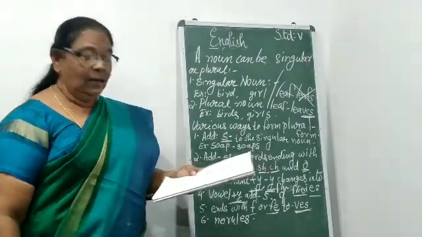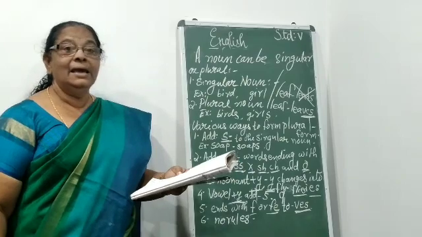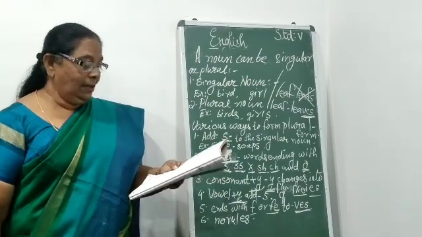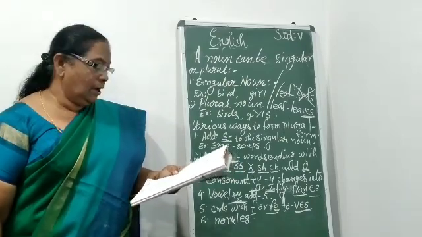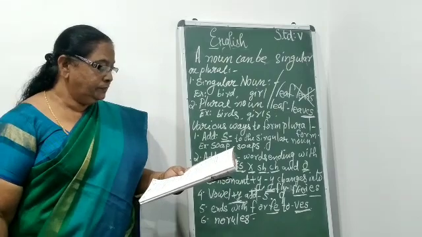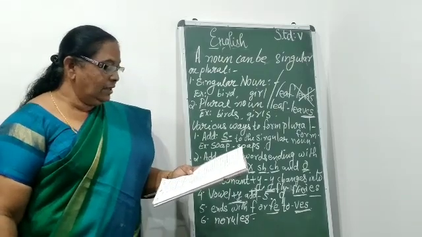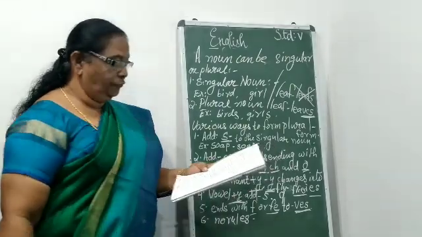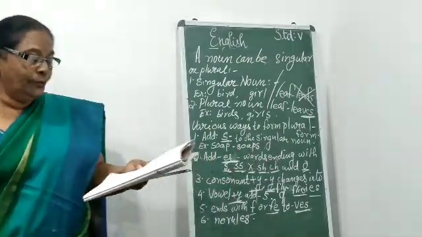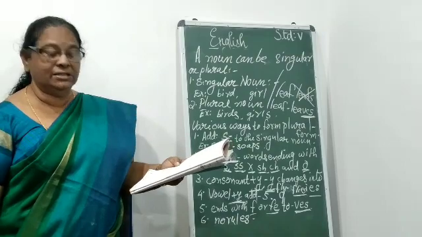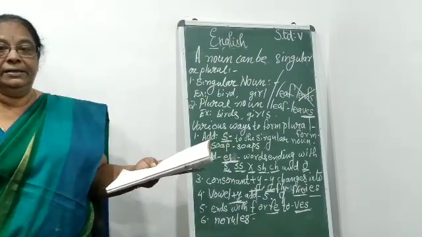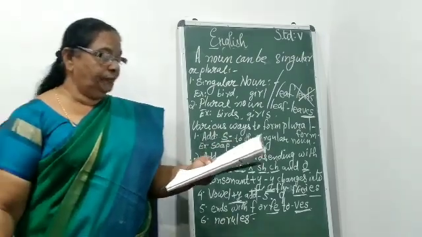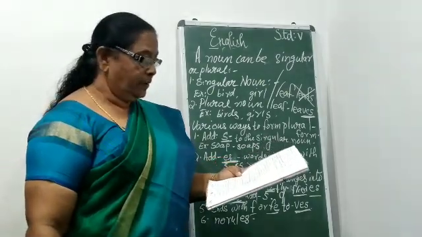Like ray, rays. Essay, essays. Then coming to the fifth rule. When a singular noun ends with F or FE, it changes into VES. Like thief, thieves.